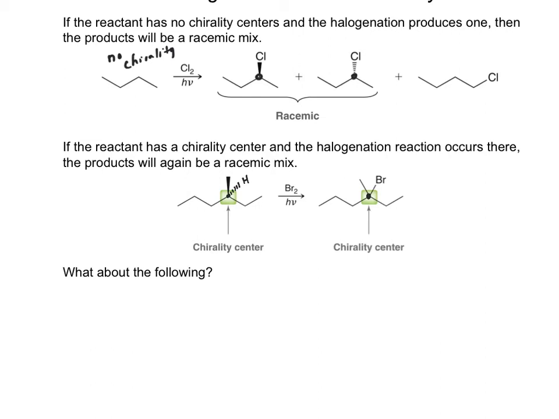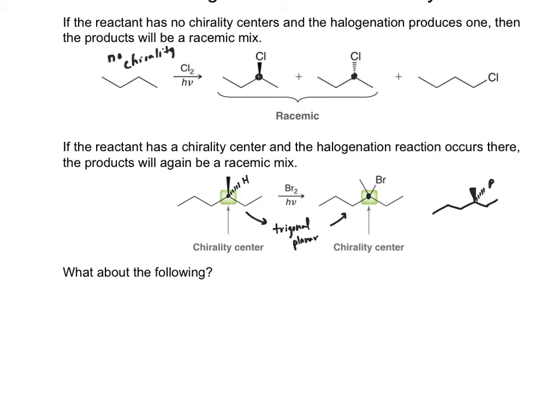Again, it's going to go through a trigonal planar intermediate species, which is that radical carbon-based species. It's then going to react with something else, which is going to produce the final product. So the answer, if we had a chirality center, is that we are also going to get essentially a 50-50 mixture of R and S.